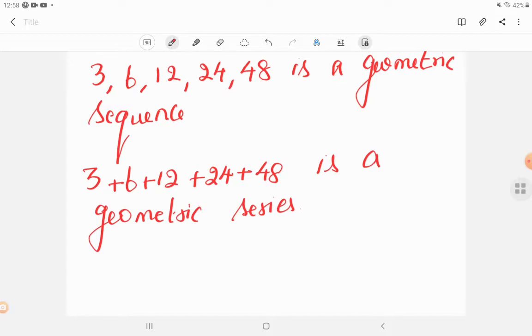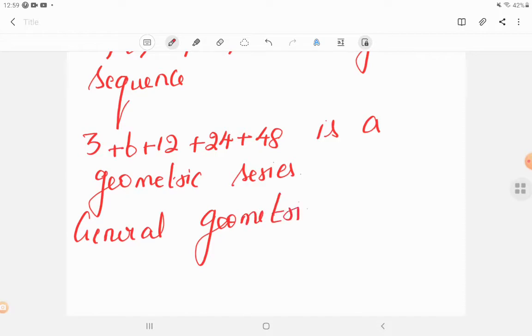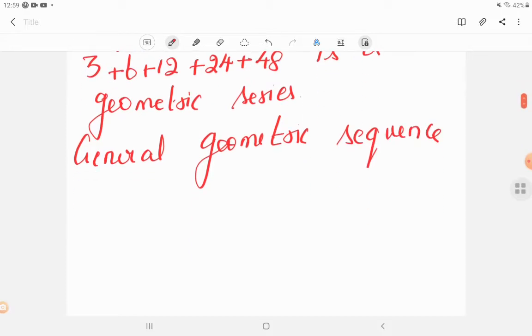So let's look at the proof. Let's do the proof for the formula. When we write the general geometric sequence, it is given as a, ar, ar square, ar cube, up to ar to the power of n minus 1.